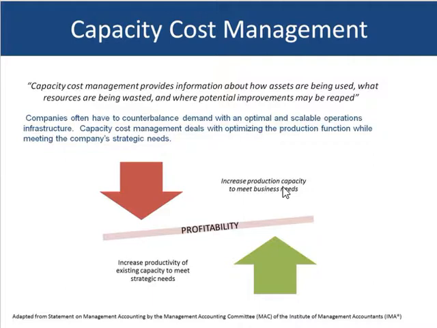So capacity cost management at that point really becomes based on your resources and your capacity. Are you optimizing, let's say, your engineering footprint? Are you optimizing your fabrication plants or output so that you're able to really defend costs and expand margins profitably in the long term?